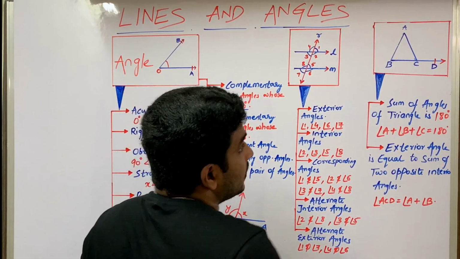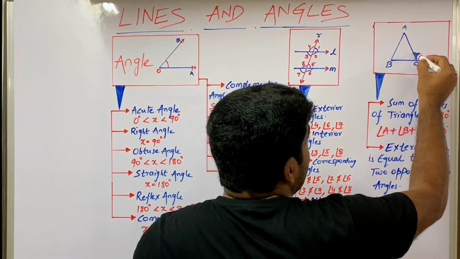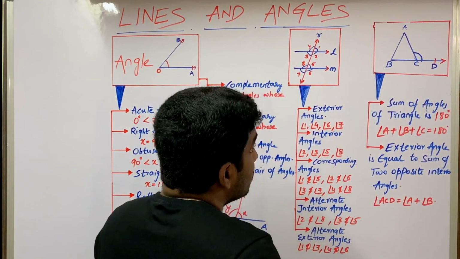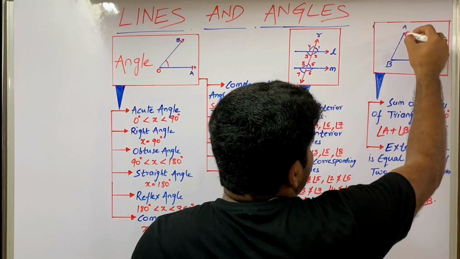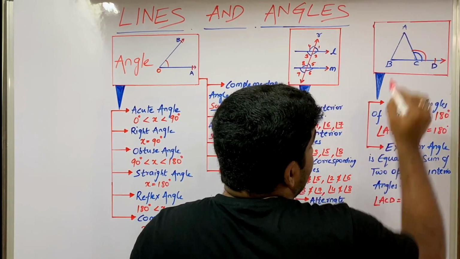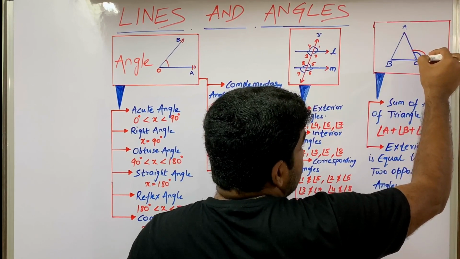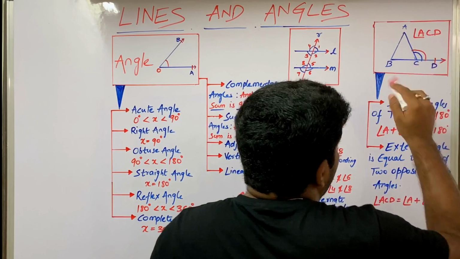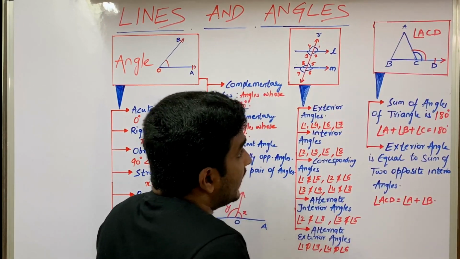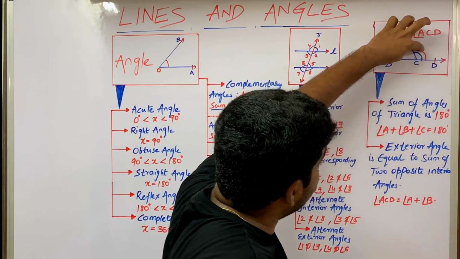Now this is the exterior angle of the triangle ABC. That is, angle ACD is the exterior angle of the triangle.